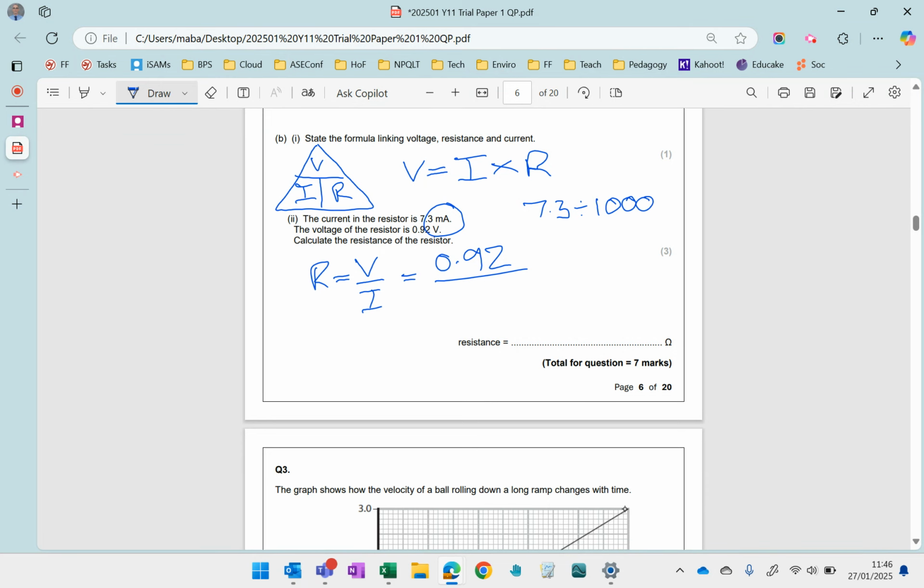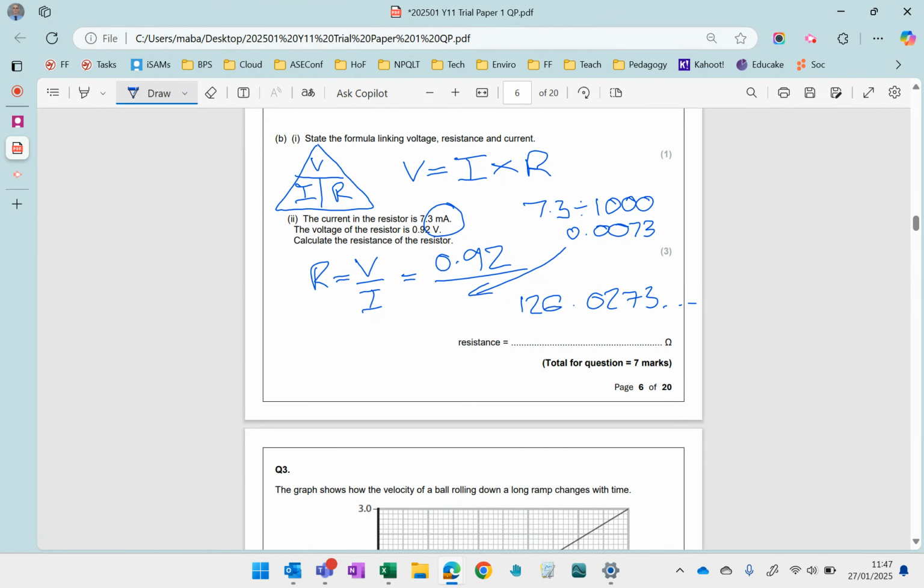If you do that and you calculate, you should get 0.0073, which you can then substitute into here. Work that out in the calculator and you get 126.0273 and so on.